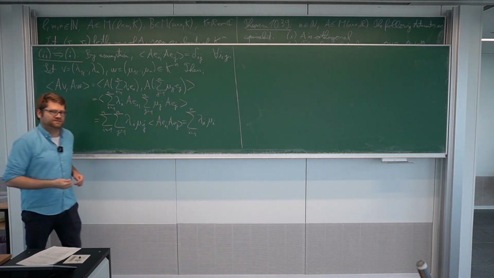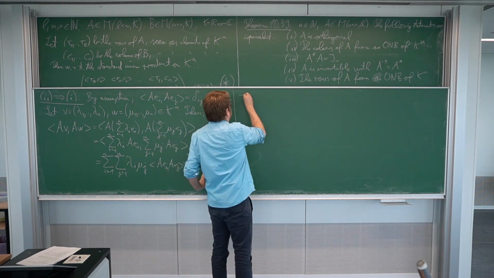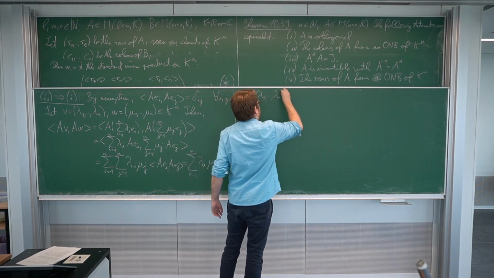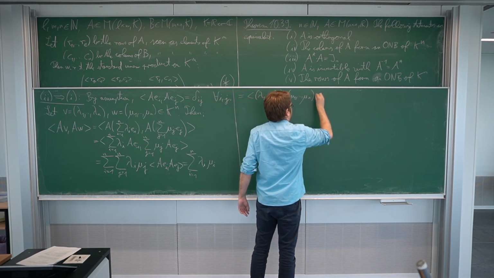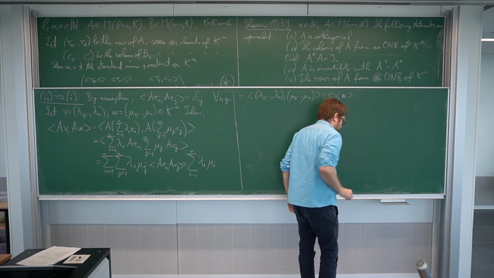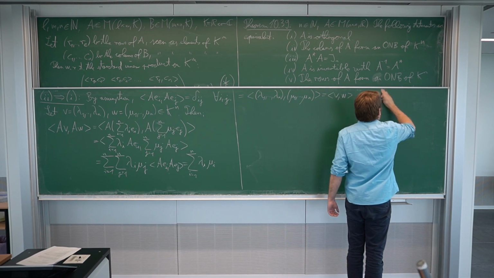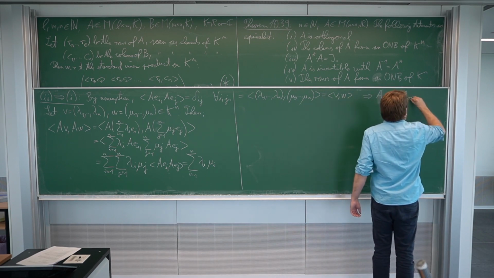We don't need to write this down, but just by definition of the inner product, this is the same as the inner product of lambda_1 to lambda_n with mu_1 to mu_n, which is by definition just the inner product of v and w. So v and w were chosen arbitrarily, so A is orthogonal.